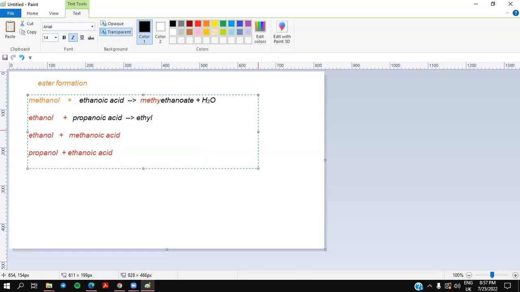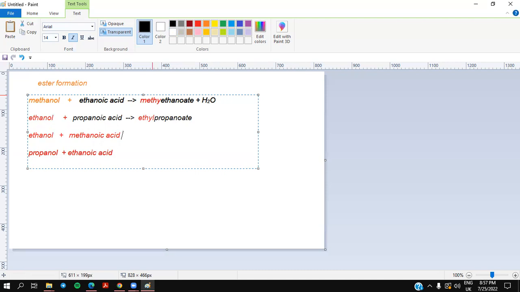Ethyl, again, I'll keep it in red. The part of the alcohol coming into the ester is named as ethyl. And from the propanoic acid, we have propanoate.